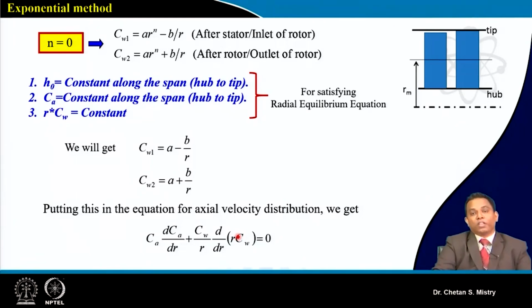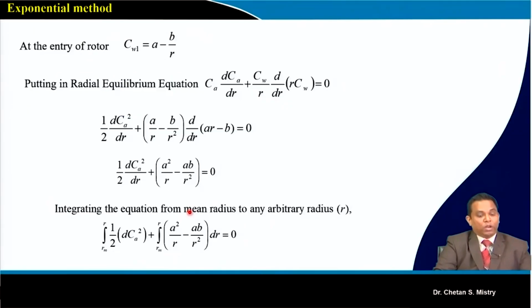Just understand one thing, this represents our situation where my CW is changing, which means my axial velocity may change. So let's have a look.